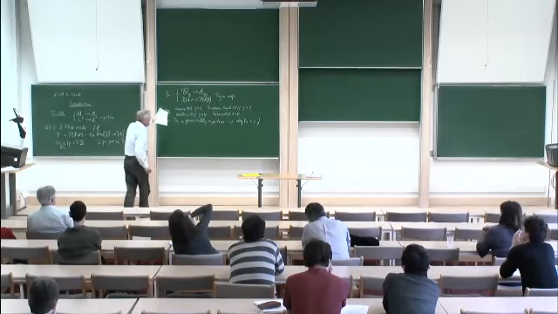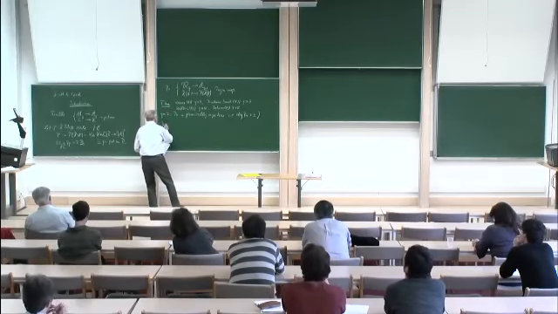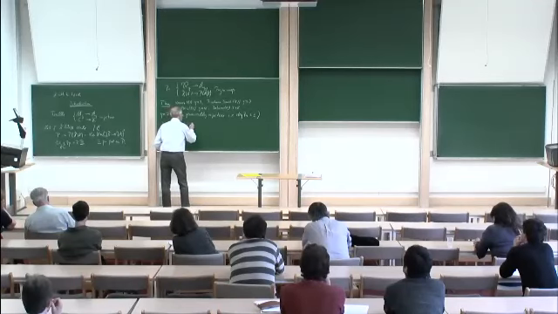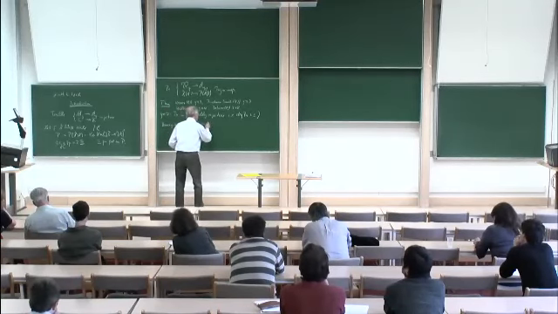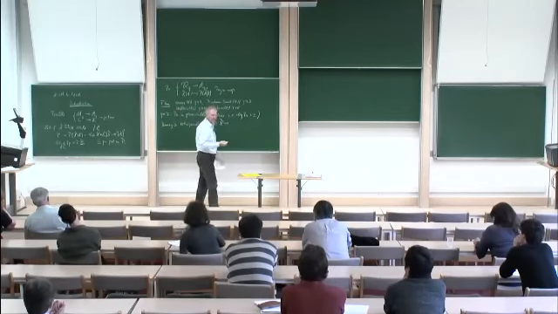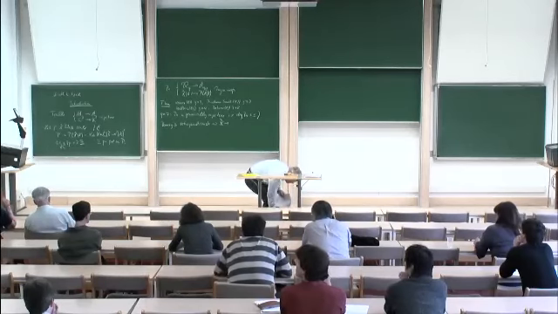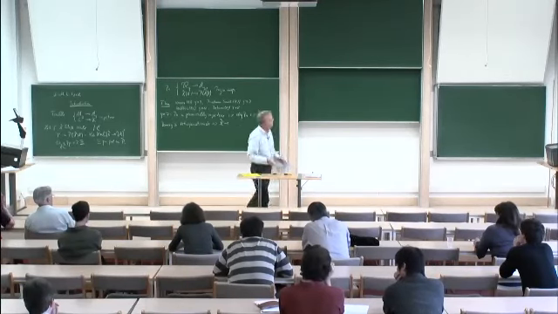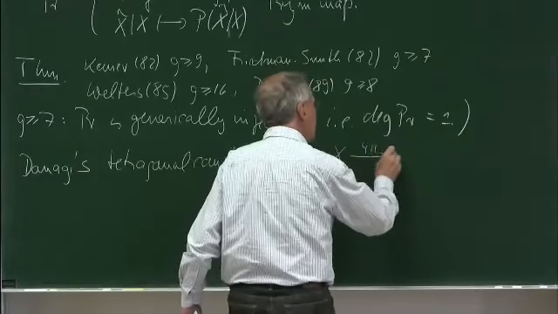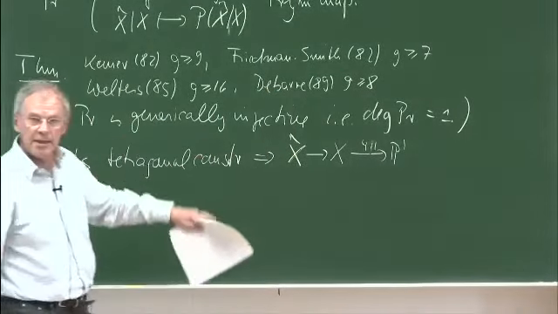Okay, and on the other hand, one has that the map is not injective. So Donagi's tetragonal construction implies that if you have an étale double cover of a tetragonal curve, meaning a curve such that there exists a 4-to-1 map onto P^1, then the Prym map is not injective at those points.